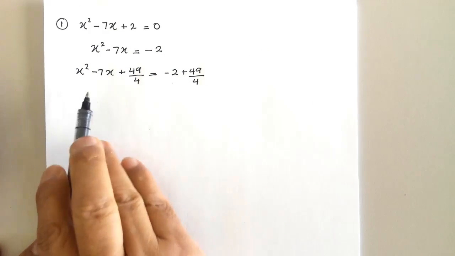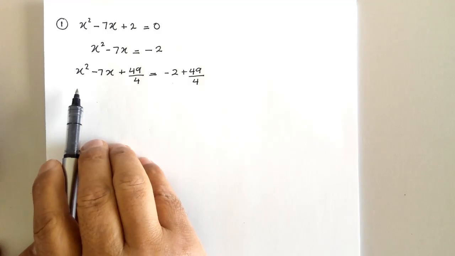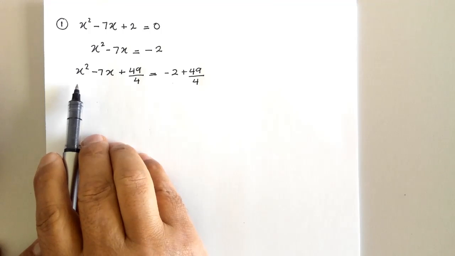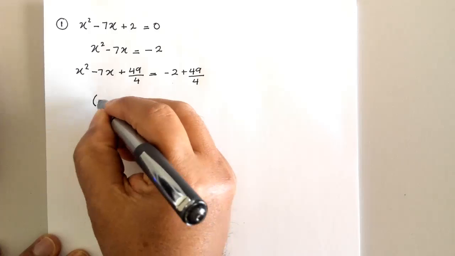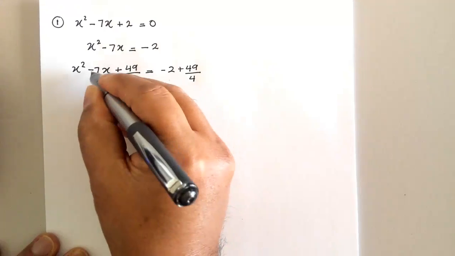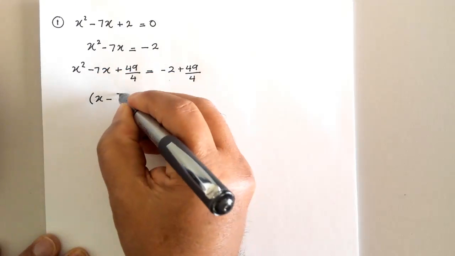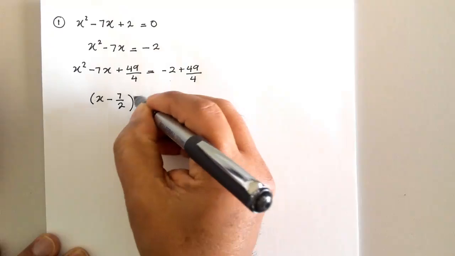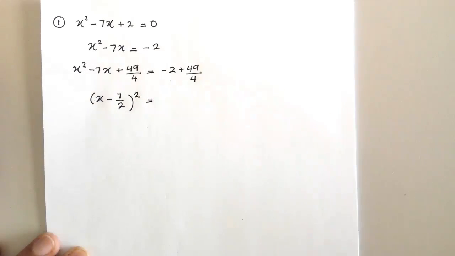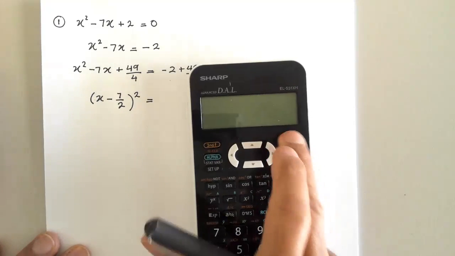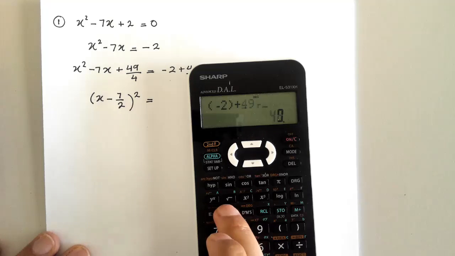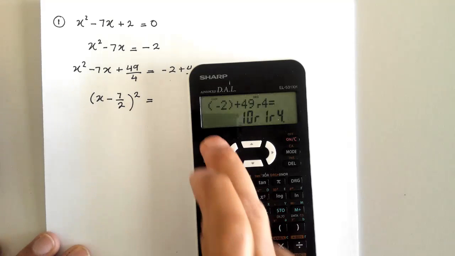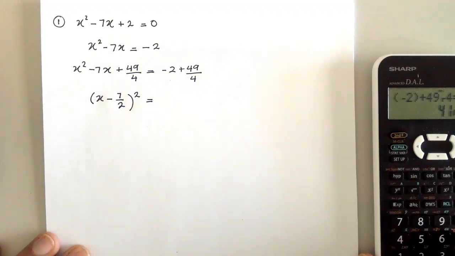From what we learned before, this is a perfect square, and it looks like this. So it's x minus 7 on 2, squared, is equal to minus 2 plus 49 over 4, so that will give you 41 over 4.